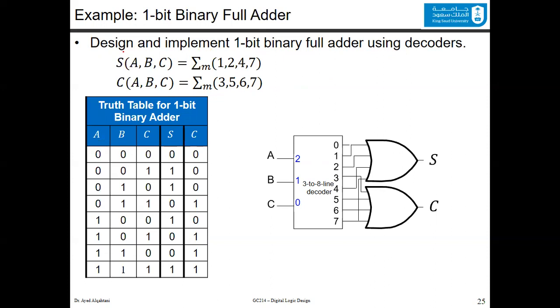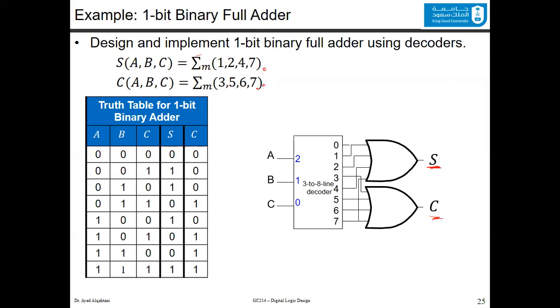But for now, we will consider S, which is the sum, to be the function, the sum of min-terms 1, 2, 4, and 7. And the carry, C, is the sum of the min-terms 3, 5, 6, and 7.